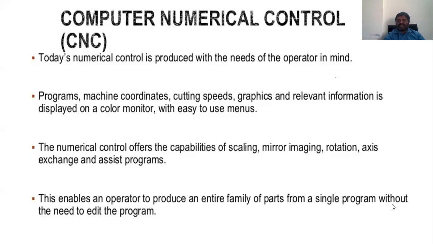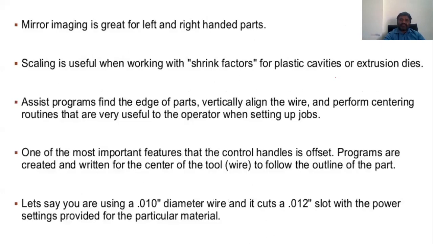Mirror imaging creates left and right handed parts, and there are shrink factors for plastic cavities or extrusion dies. So 90% we are going for tools and dies, and the process can be carried out because a very good surface finish occurs here due to the spark erosion. So in that way we can get a smooth surface finish as well.